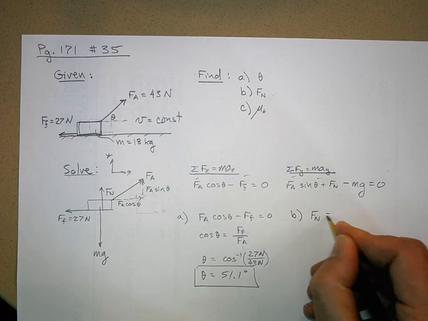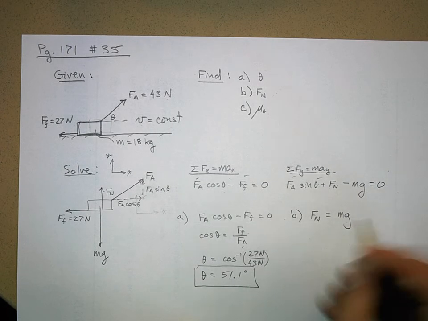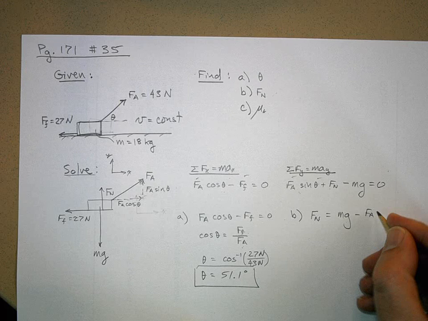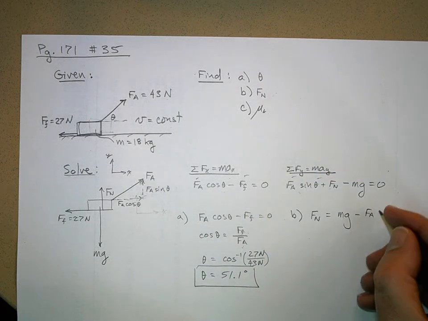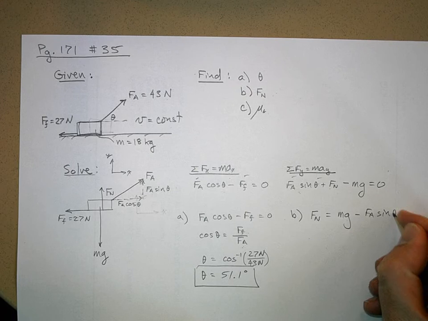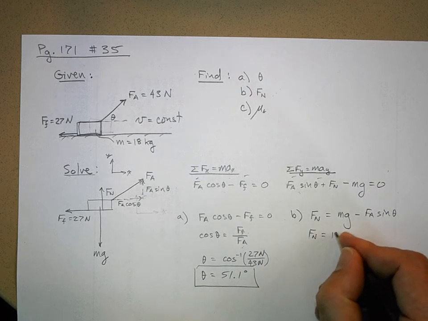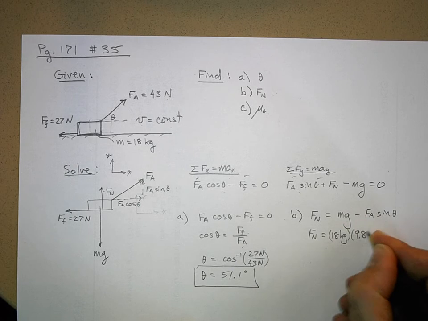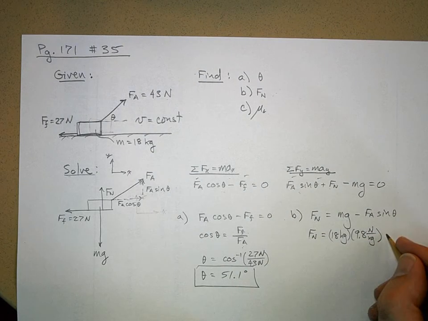So the normal force is going to be equal to the weight. So add that to the other side, and subtract the y component of your applied force. So the normal force will be equal to 18 kilograms times 9.8 newtons of force for every kilogram of mass. That's the gravitational field, right?